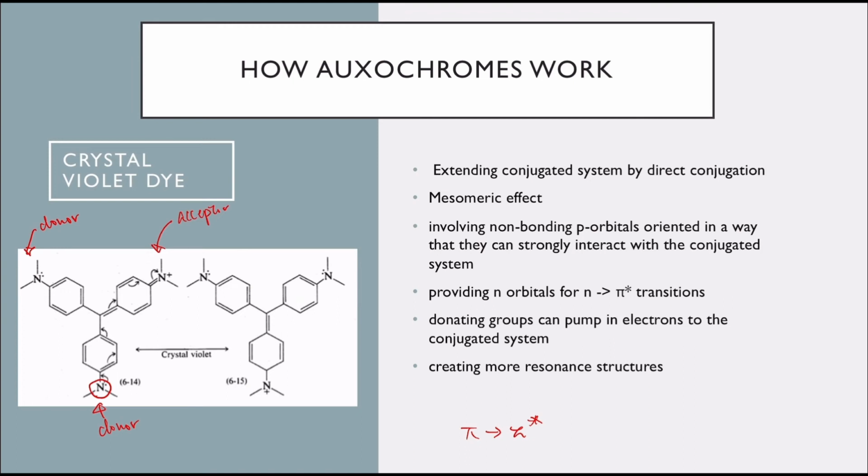Another thing to notice here is that these two diagrams are of the same molecule but with a little difference. They have the same arrangement of atomic nuclei but different distribution of electrons. The curly arrow shows the movement of electrons in the molecule, and these structures are called resonance structures.